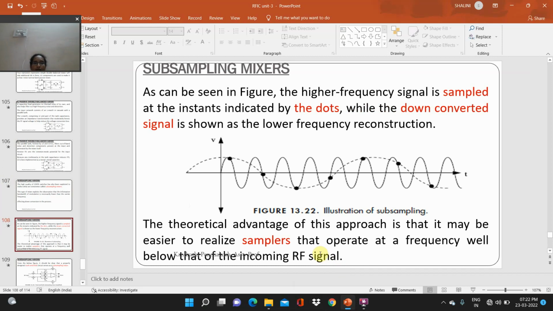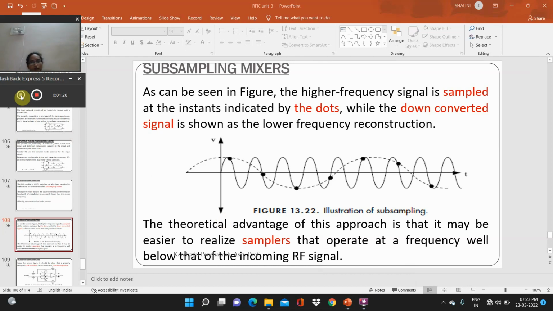As can be seen in the figure, the higher frequency signal is sampled at the instants indicated by the dots, while the down converted signal is shown as the lower frequency reconstruction.